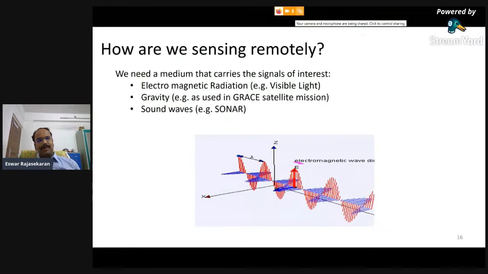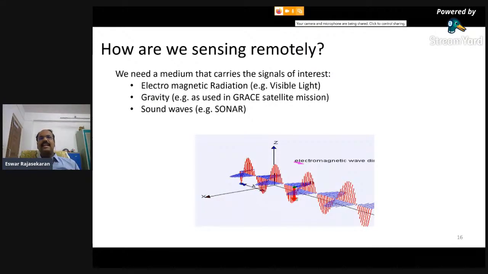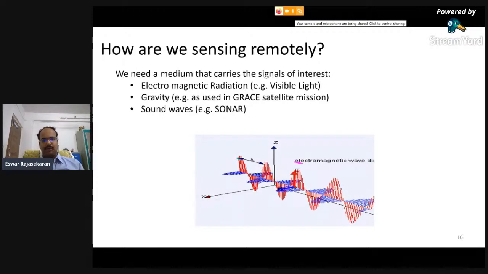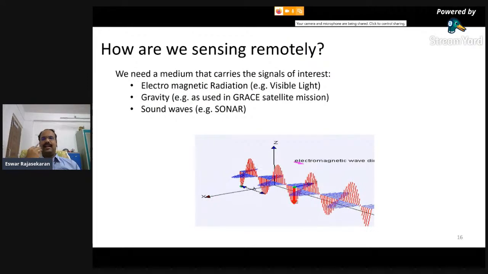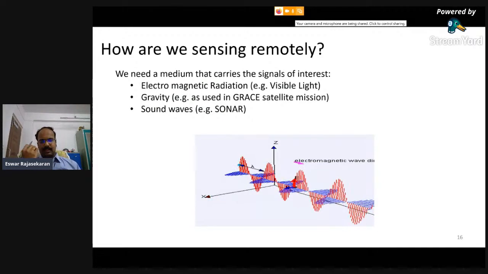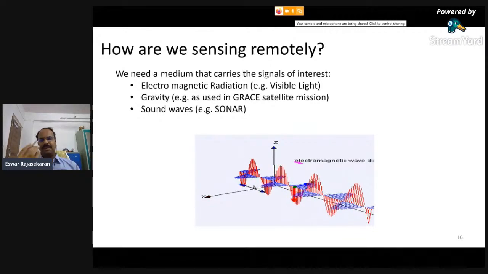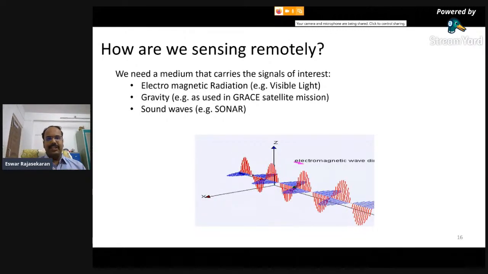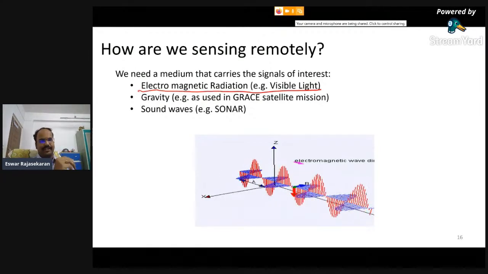Okay. So how are we sensing remotely basically? We are sensing remotely, as said before, by sensing some energy signals, like our eyes sense light. There are other portions of the energy medium. So what exactly is it? For remote sensing purposes, we use what is known as electromagnetic radiation.